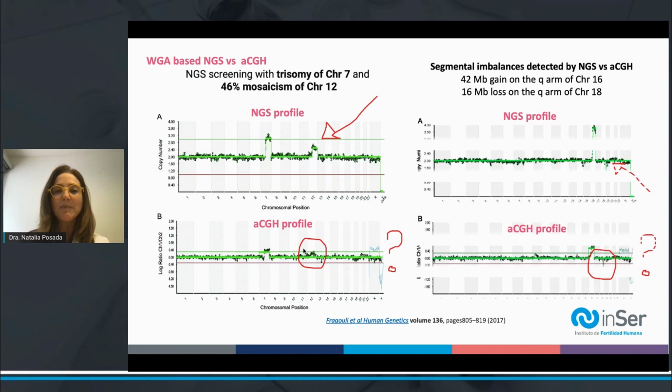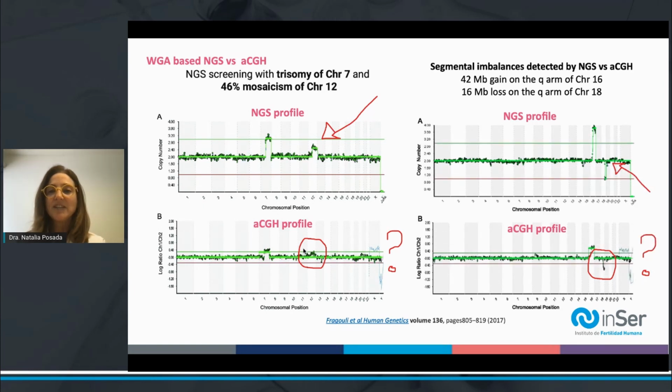And the same occurs with segmental imbalances, in which NGS profiles have high resolution and can easily detect either gains or losses of chromosomes, as we can see here for chromosome 16 and 18. However, with the comparative genome hybridization arrays profile, it is not quite obvious whether we are in the presence of a segmental loss or whether it is just technical noise.